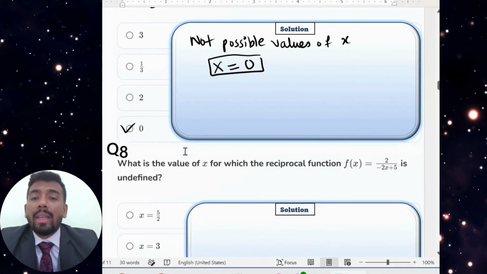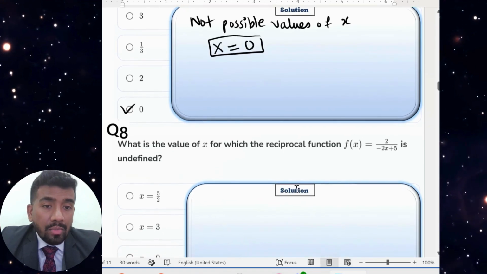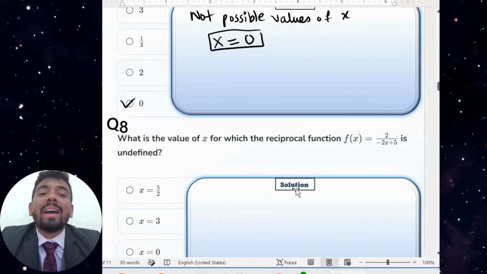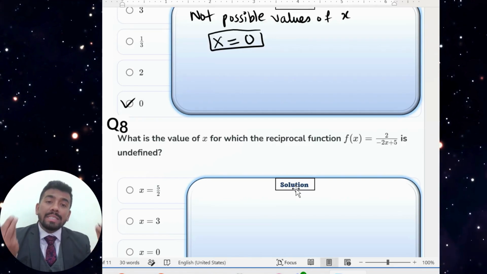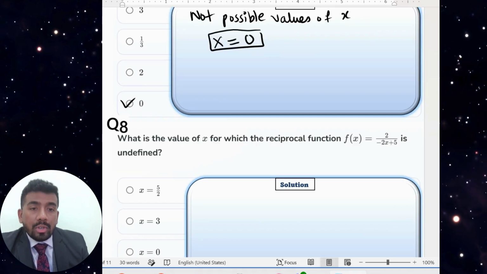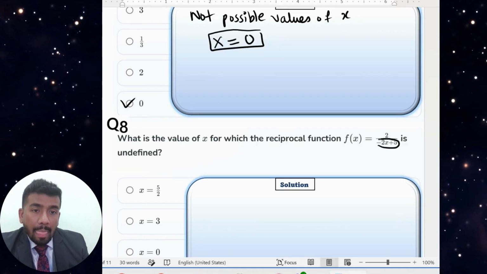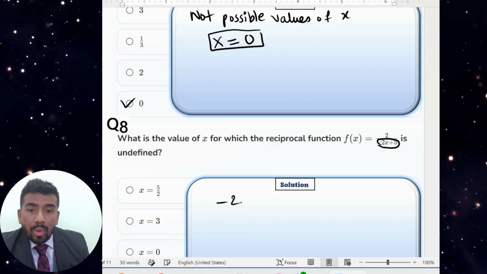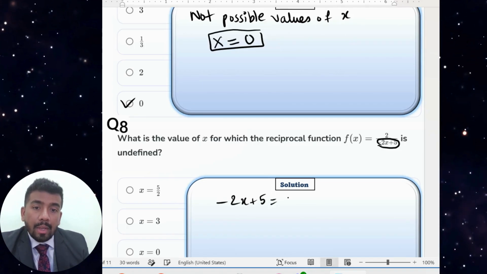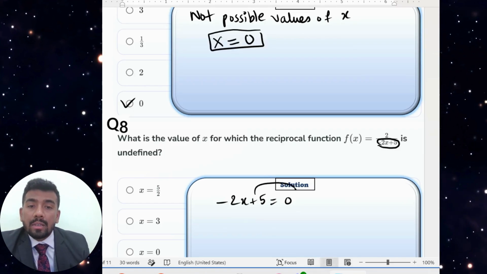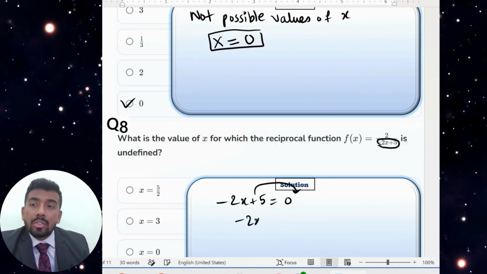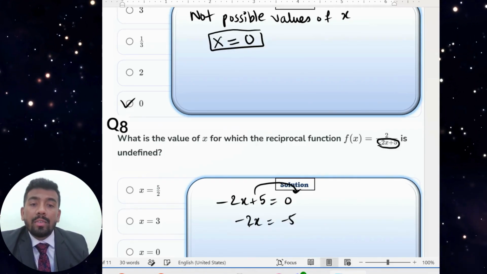What is the value of x for which the reciprocal function is undefined? Again, when will it be undefined? When the denominator becomes 0. Now what's your denominator? This one. So minus 2x plus 5 becomes 0. Solve it for x. Bring the plus 5 here, so it will become minus 5.